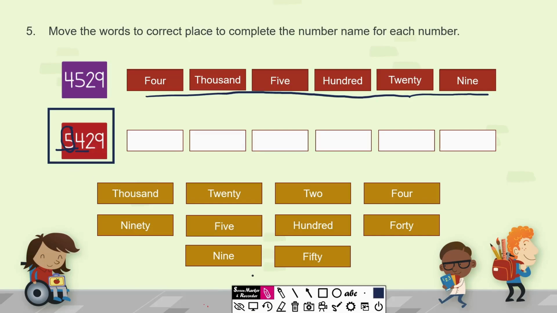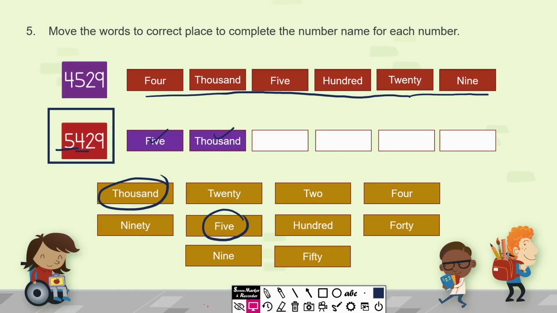Yes, I'm giving you a hint. We need to search 5. So where is 5? Here it is. And what is the place value of 5? Thousands place. Okay. So we need to search for 1,000. Here it is. So we need to write 5,000.